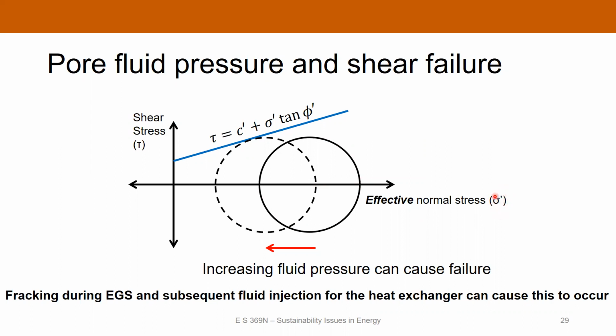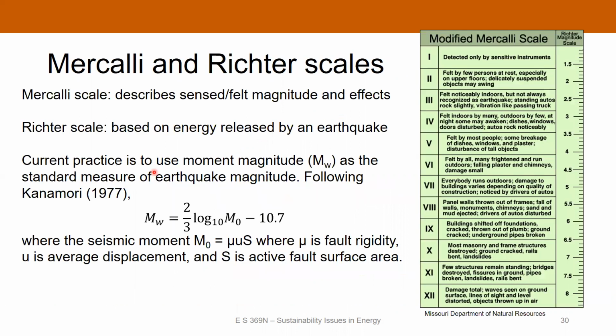So a higher pore pressure will mean a lower effective stress. And you can move that Mohr circle far enough to the left that you intersect the failure envelope just by increasing the pore pressure. And so this can happen during EGS fracking or even just during fluid injection to do subsurface heat exchange. So this can be a big problem that we have to be aware of.